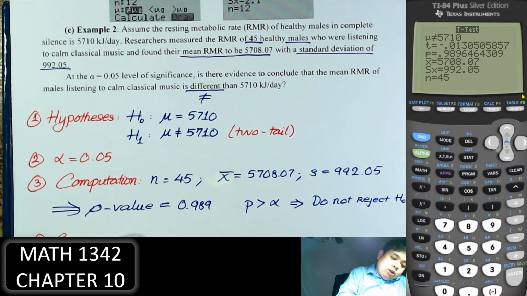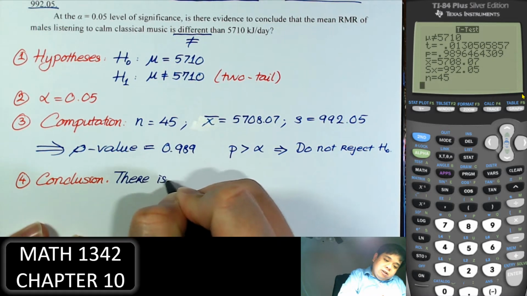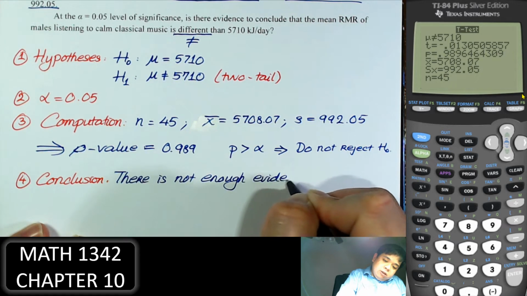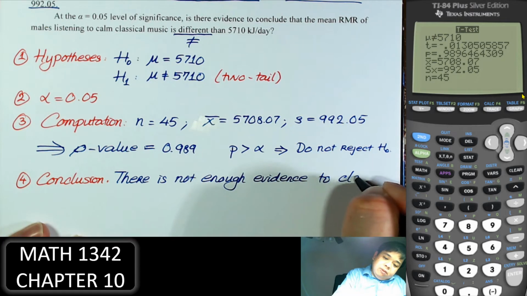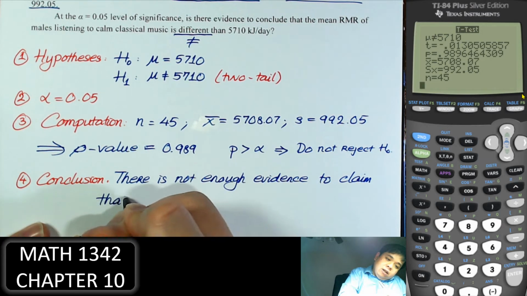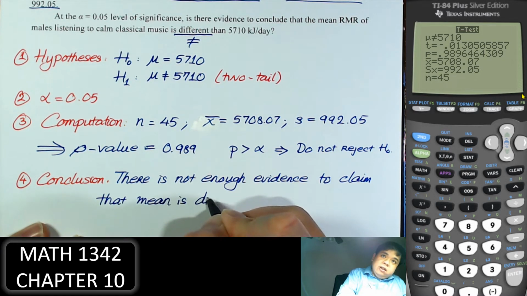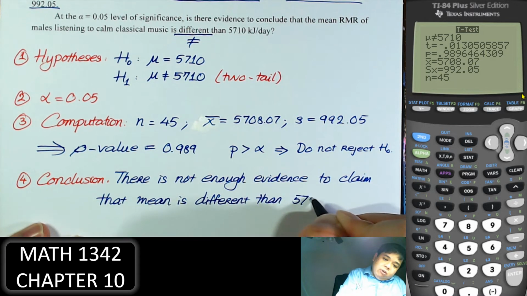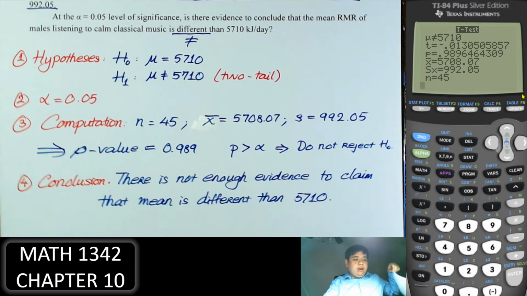And the conclusion: there is not enough evidence to support that it is different, and to claim that the mean is different than 5710.